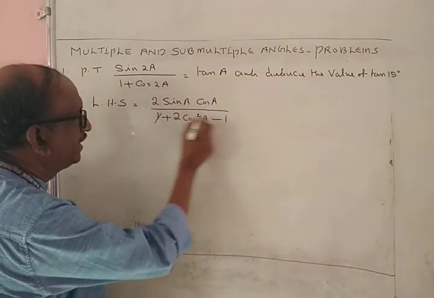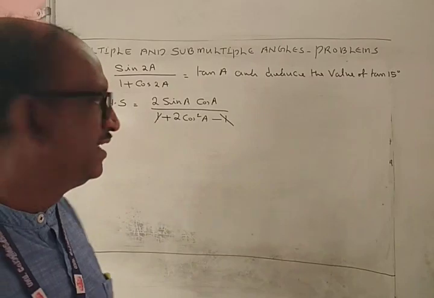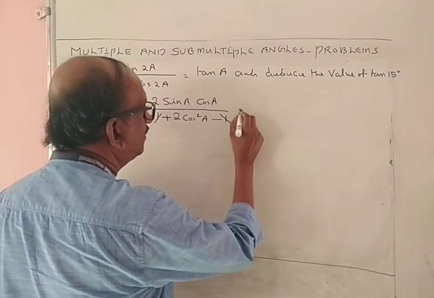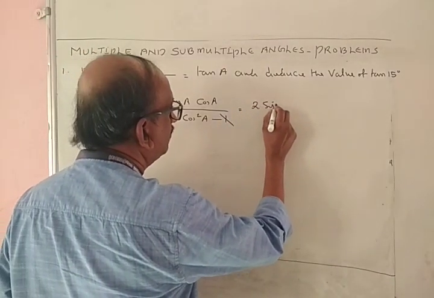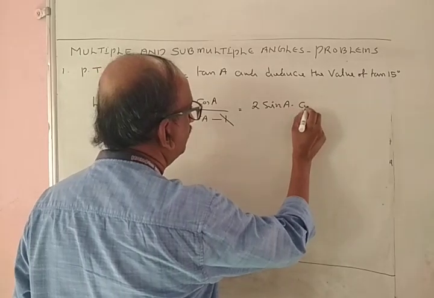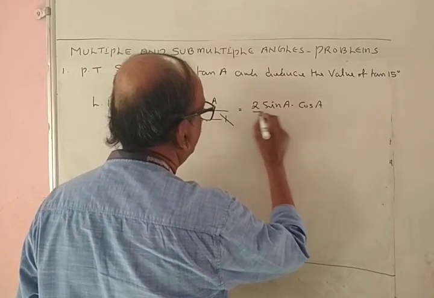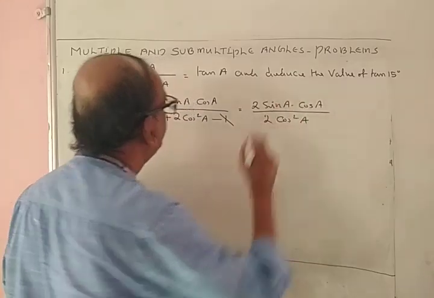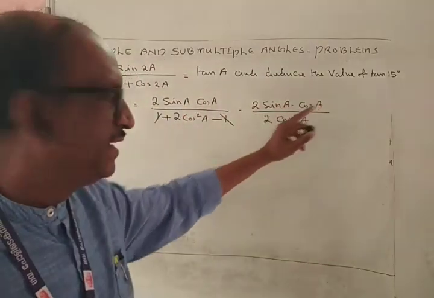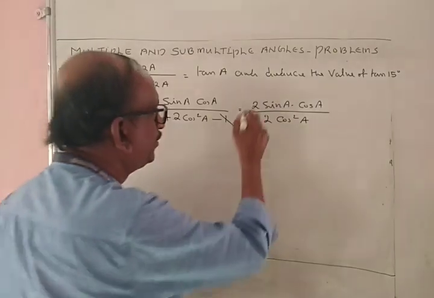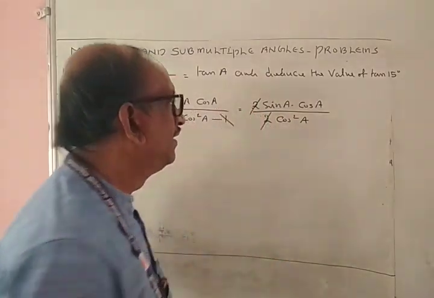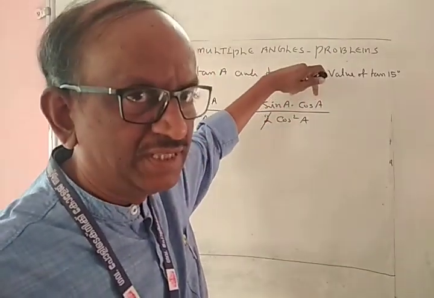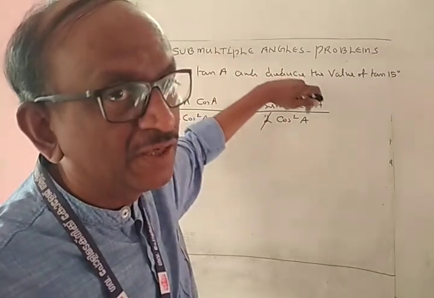Here 1, here minus 1 got cancelled. Numerator 2 sin a cos a, denominator 2 cos squared a. 2 got cancelled. Here in the numerator there is a cos a and in the denominator there is a cos squared a.